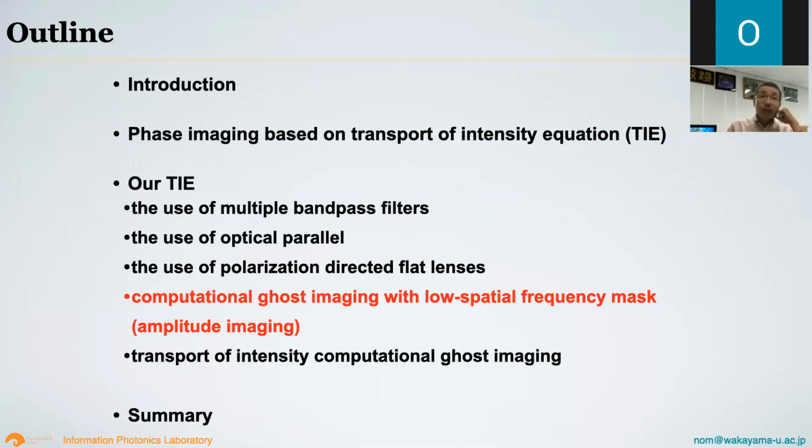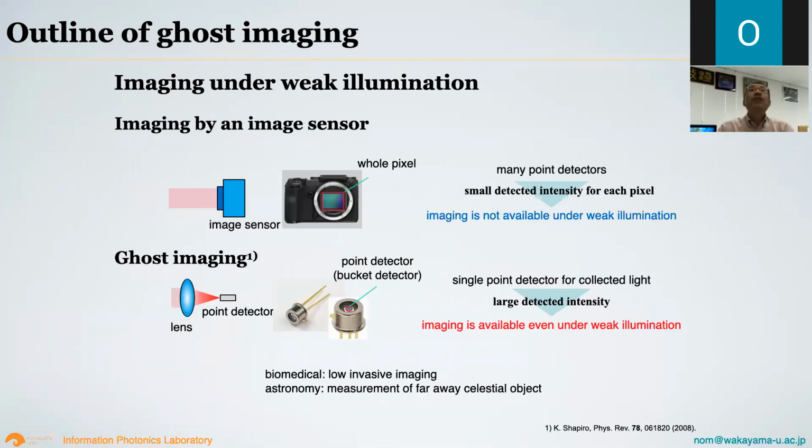So this is an introduction for the last topic, as mentioned before, computational ghost imaging. I will give a brief review. This is the outline of ghost imaging. It is used for imaging under weak illumination.